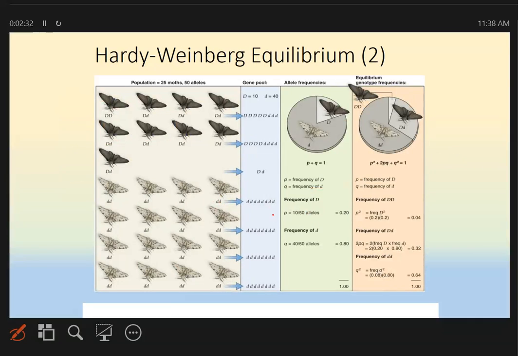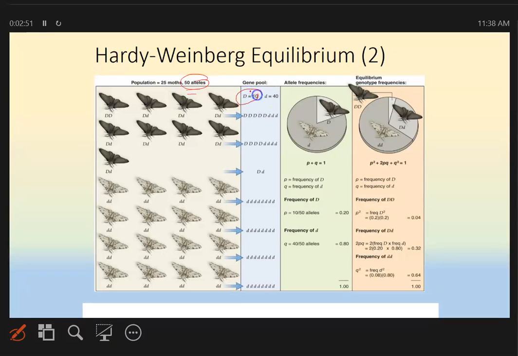Alright, here I just lifted something from your textbook. You are going to use this for the lab. It is showing a population of 25 moths and a total of 50 alleles. You are just counting, okay? So this will be 1, 2 alleles, 2, 4, 5, 6, 7, 8, and so on. That's 50 alleles.